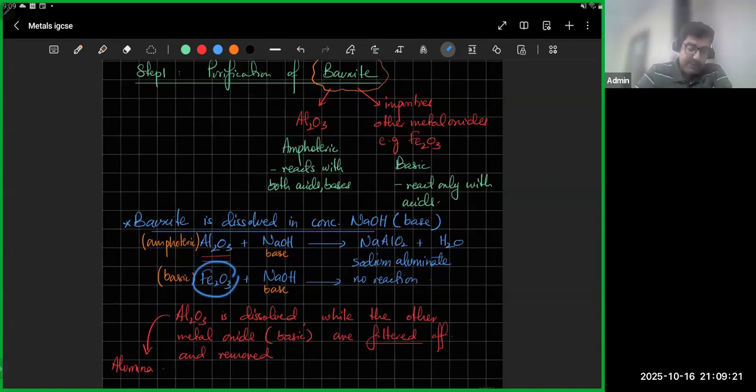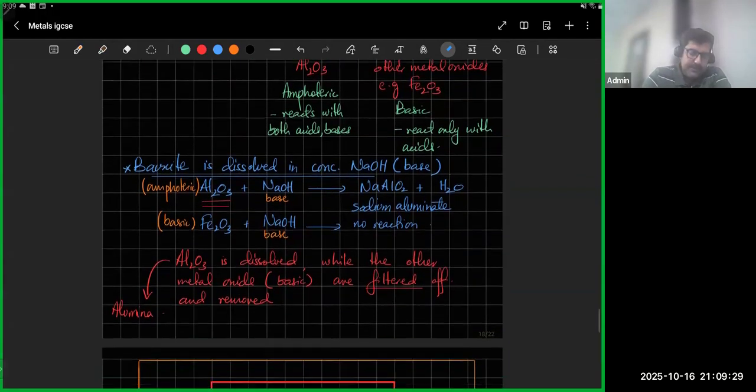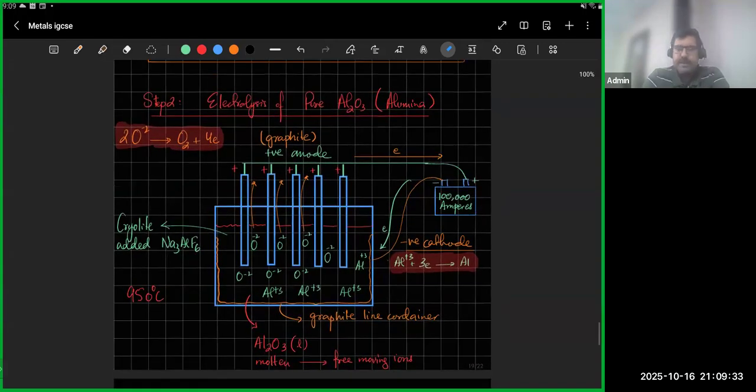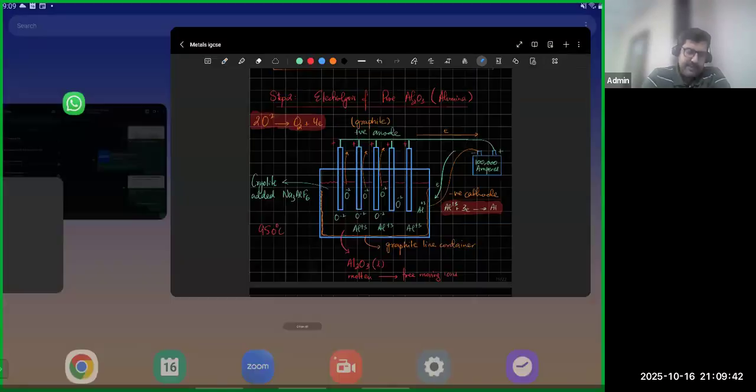The other metal oxides, which were basic, would not dissolve in bases, and you would filter them out. Then all of the alumina was electrolyzed.